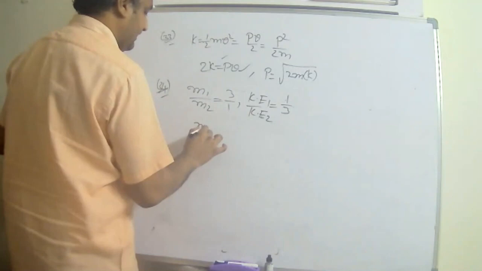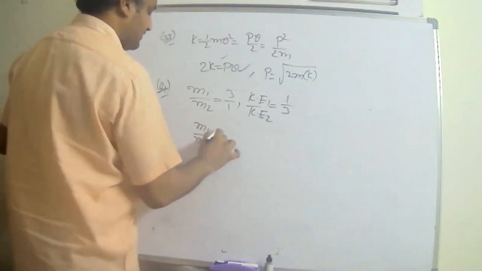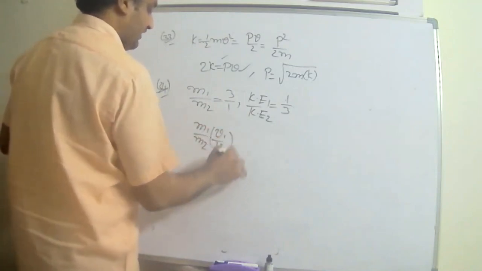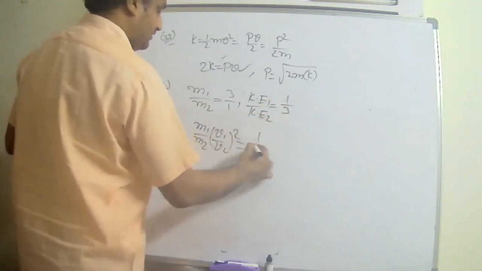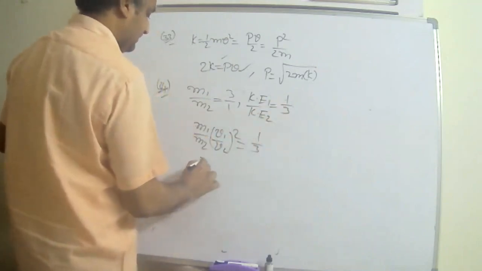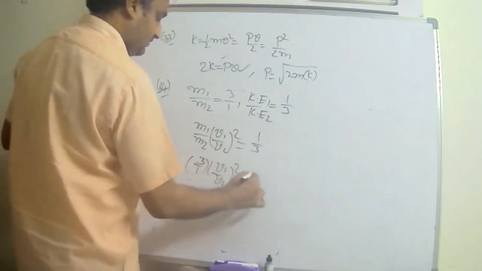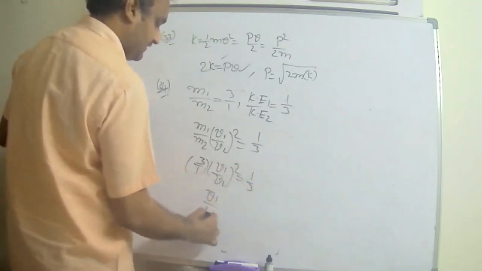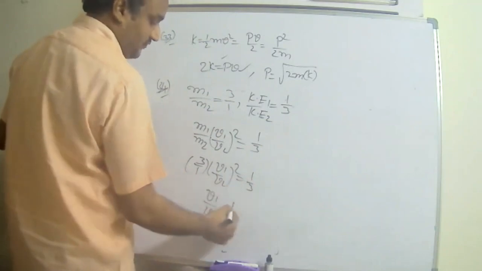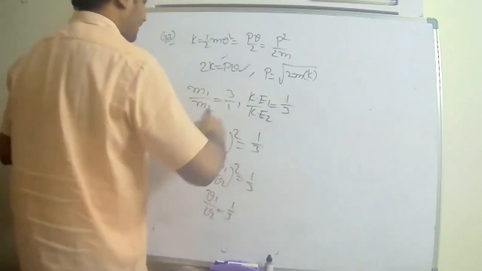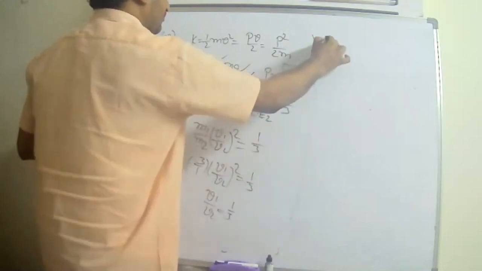KE1 by KE2 అంటే m1 by m2 times v1 by v2 whole square is equal to KE1 by KE2, 1 by 3. This is 3 by 1. So v1 by v2 whole square. So v1 by v2 is equal to 1 by 3 whole square, or 1 by 3. Ratio of their velocities is 1:3.